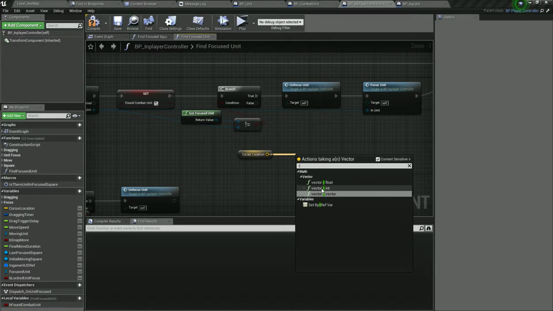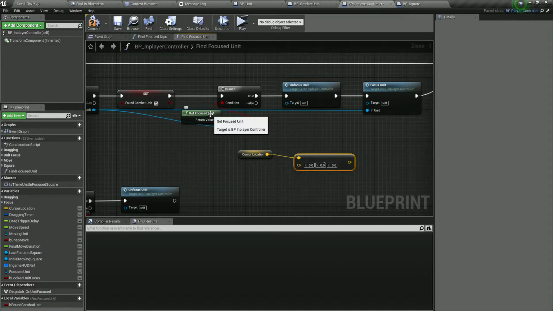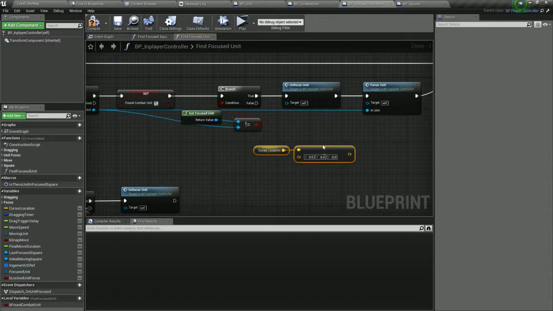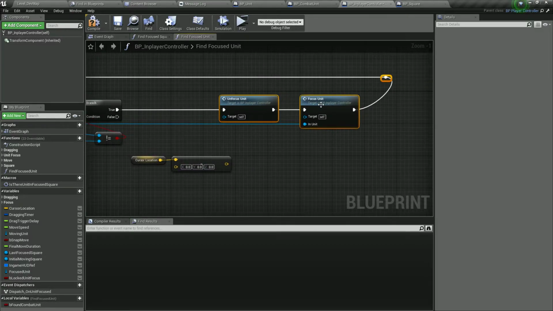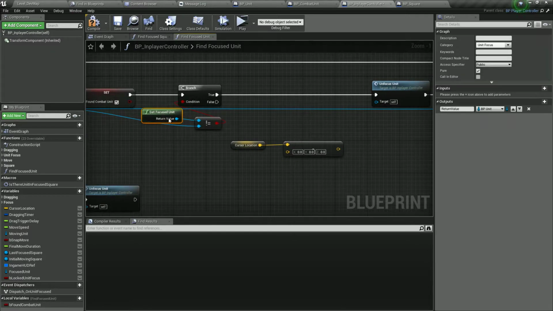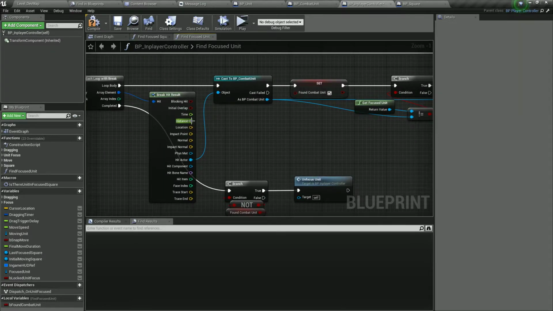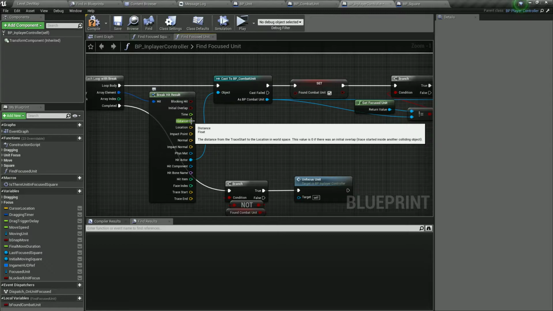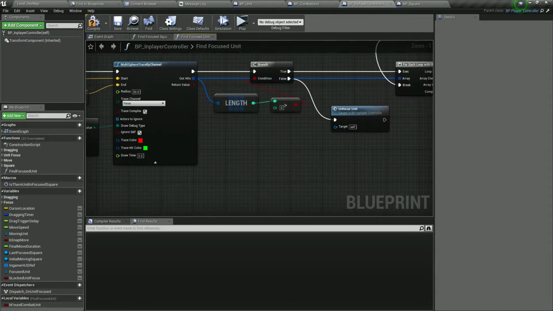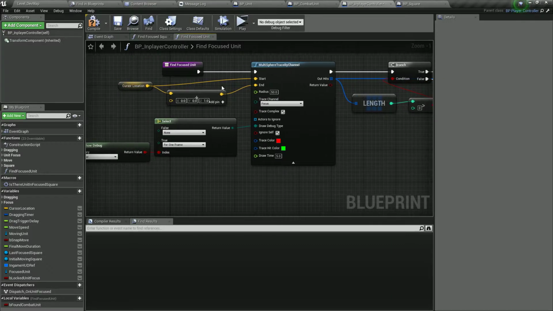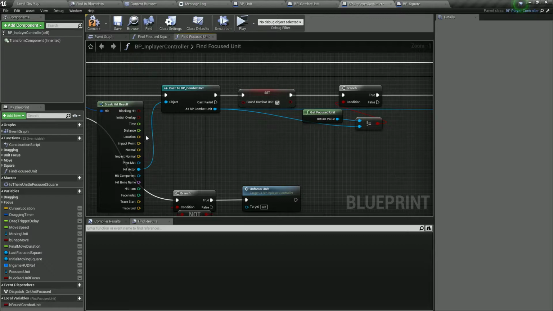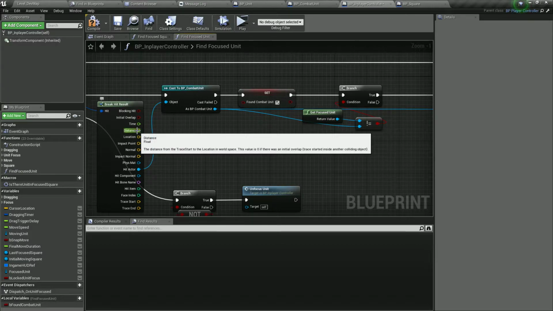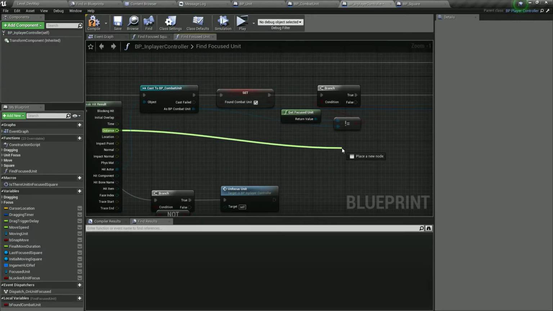We need to be doing this. Is our cursor location? We want to compare the distance from the cursor, which is actually that value, from the trace start. So we're starting the trace here.